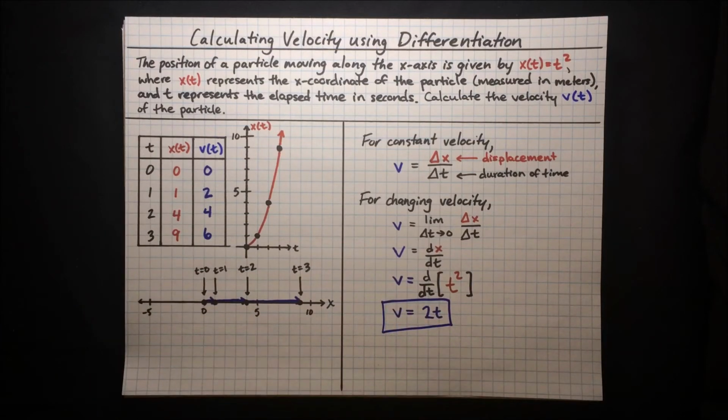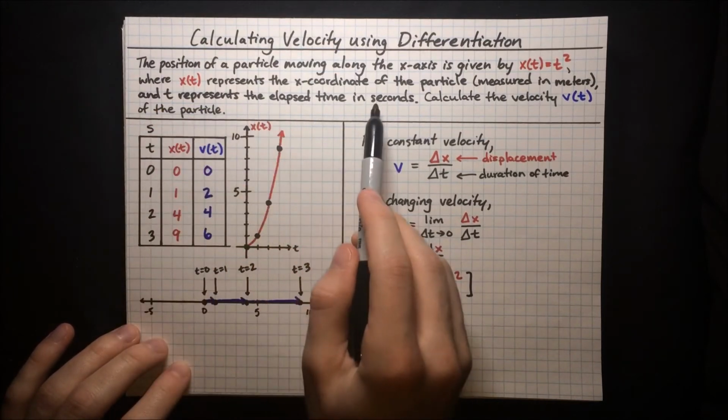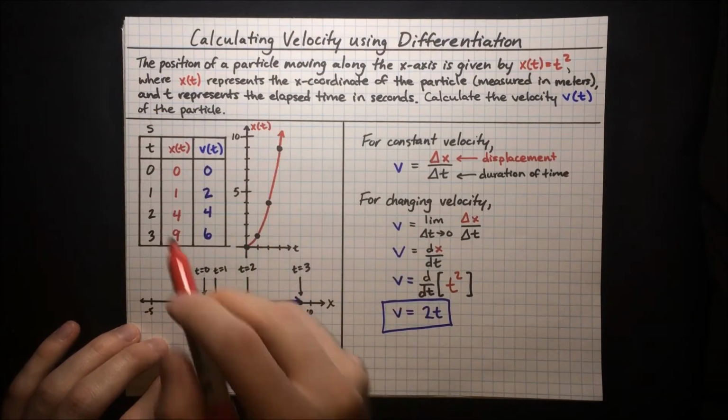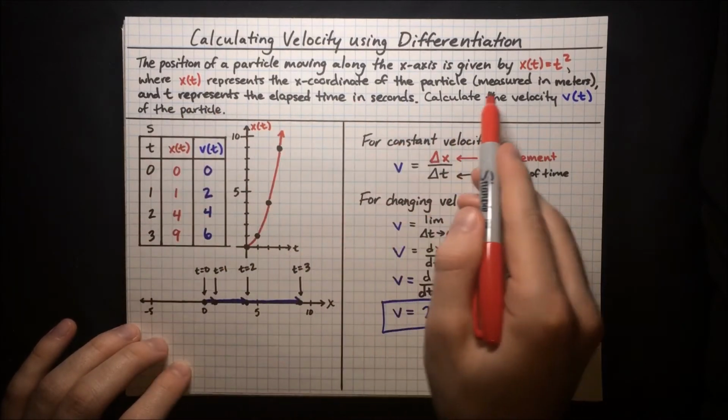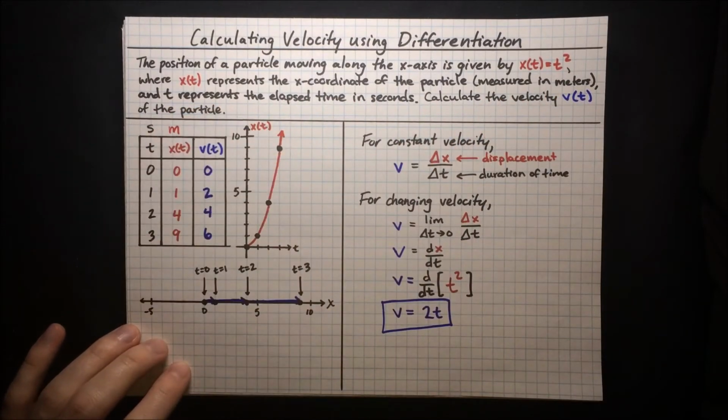The last thing to discuss for this problem is what are the units of velocity? The units of time are just seconds. We're told that in the problem. t is the elapsed time in seconds. The units of x, those are meters, measured in meters. What about velocity? What are the units of velocity?